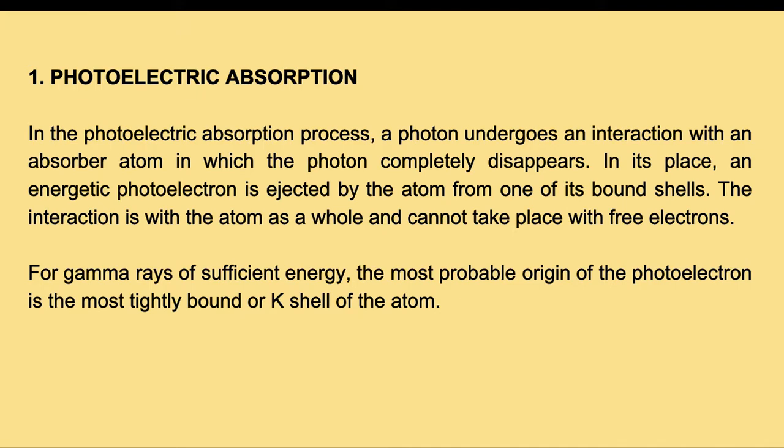The interaction is with the atom as a whole and cannot take place with free electrons. For gamma rays of sufficient energy, the most probable origin of the photoelectron is the most tightly bound or K shell of the atom, that means the innermost shell of the atom.